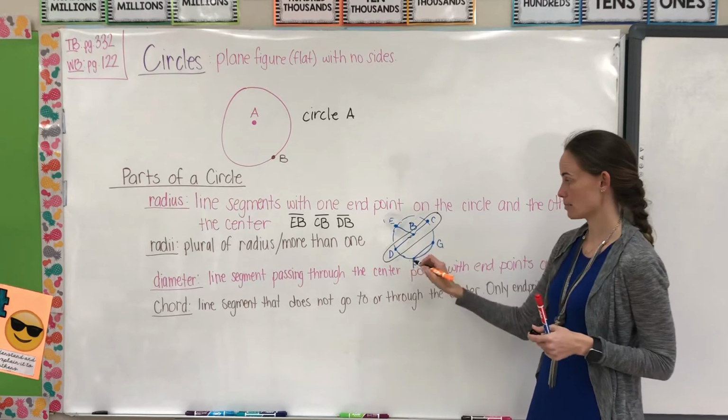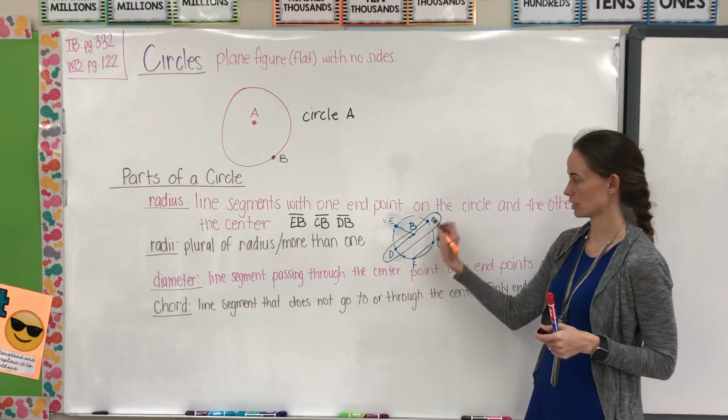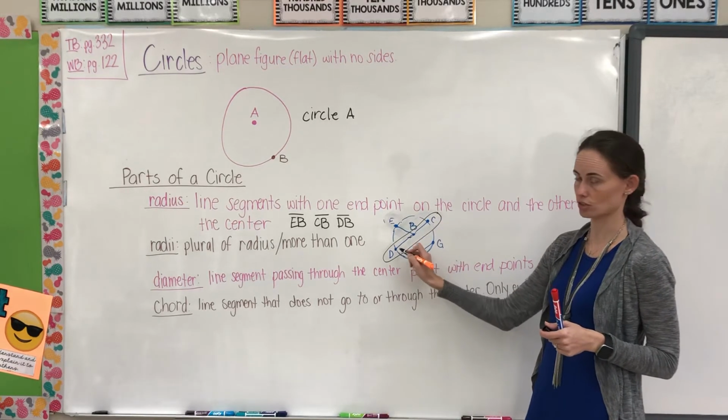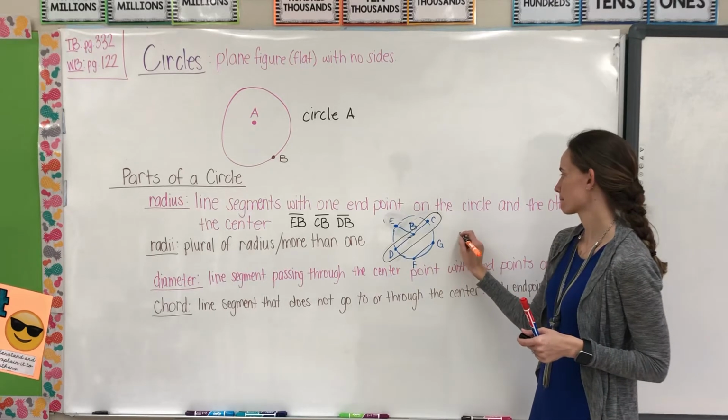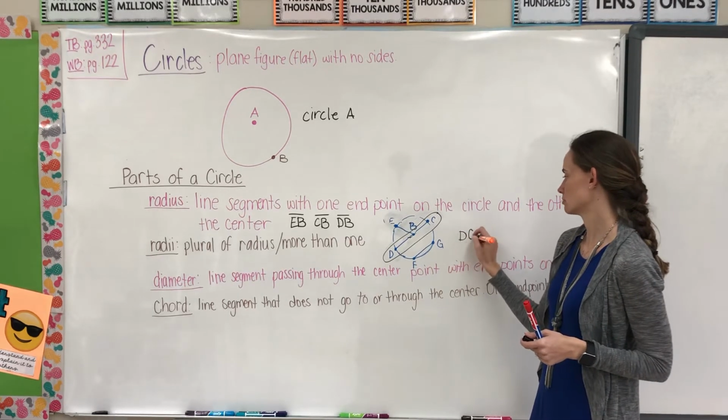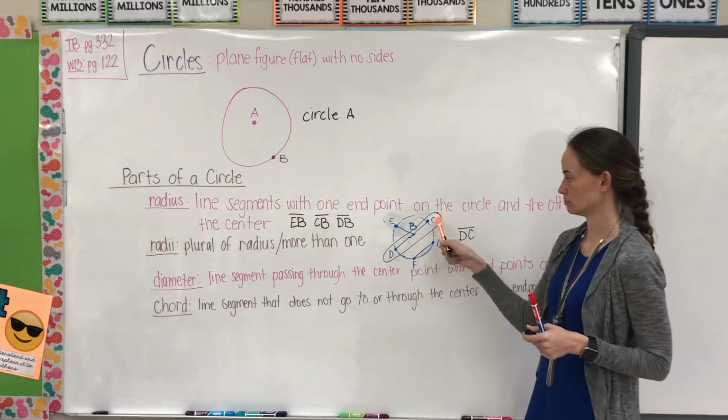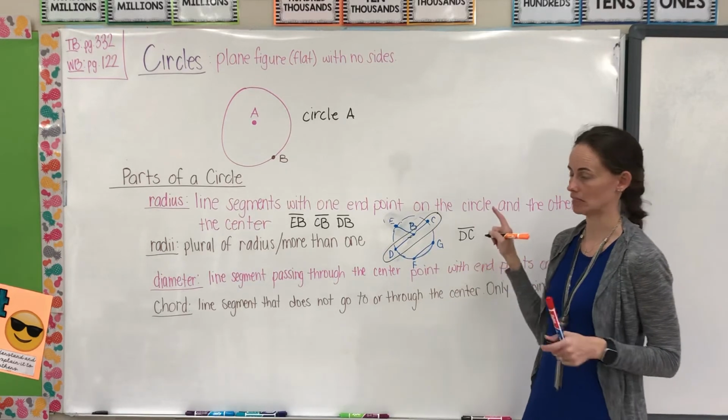So the diameter goes from one side through the center to the other side. That's the diameter. It would be DC. D to C.